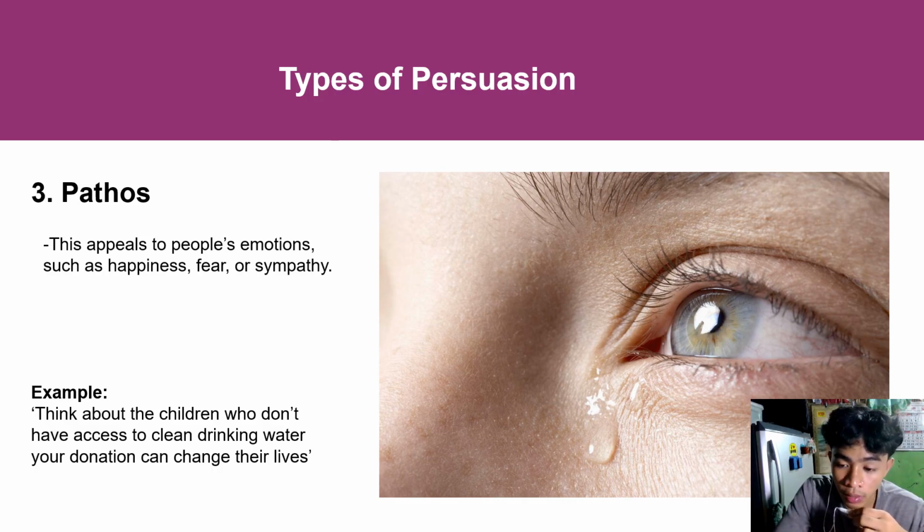In English, pathos usually refers to the element in an experience or an artistic work that makes us feel compassion, pity, or sympathy. So here is an example. Think about the children who don't have access to clean drinking water. Your donations can change their lives.